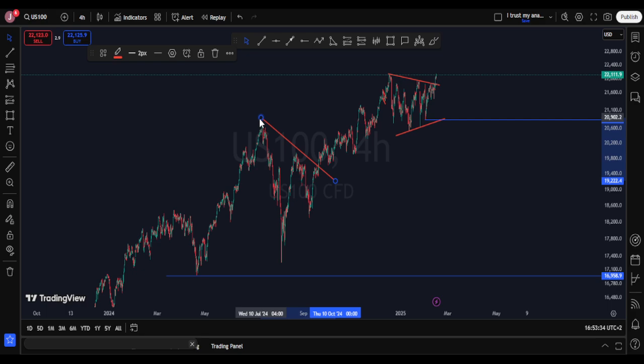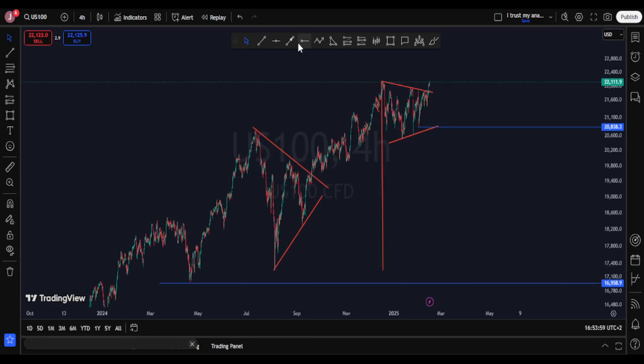The 90% rule is how I determine my take profits. Okay, here is the 90% rule. The 90% rule is quite simple, ladies and gentlemen. It's basically just the previous impulse.